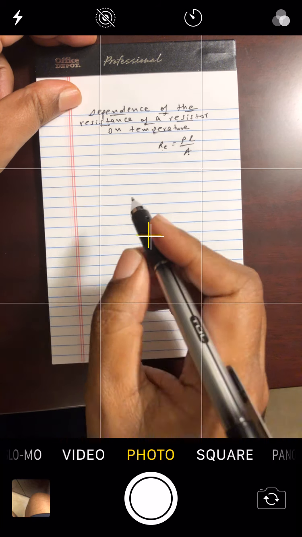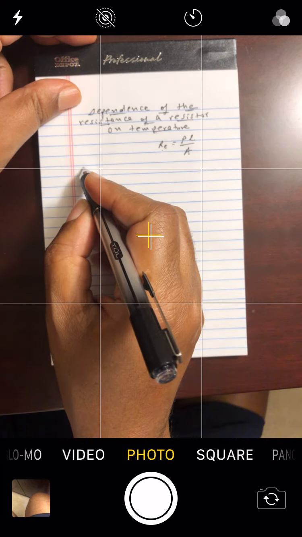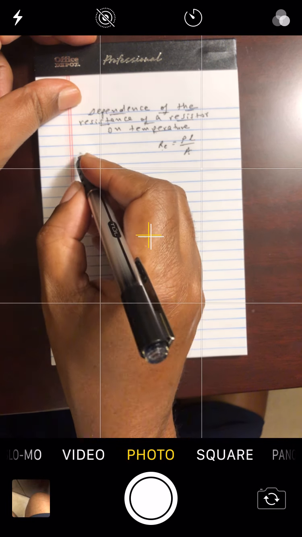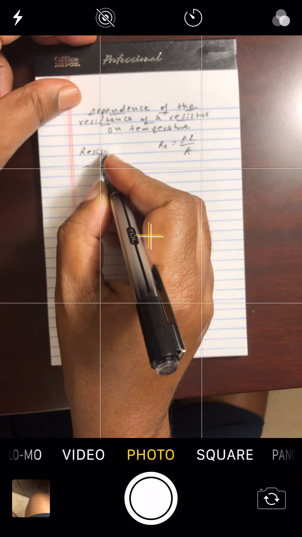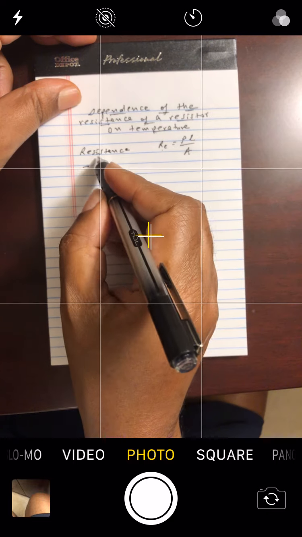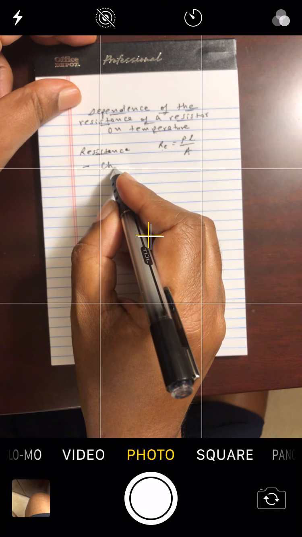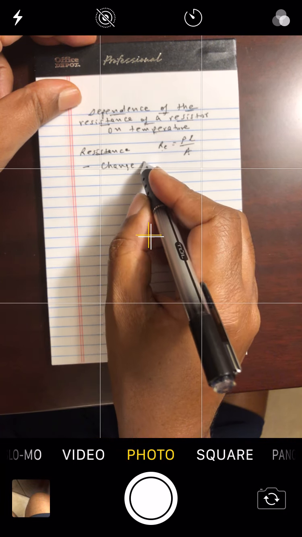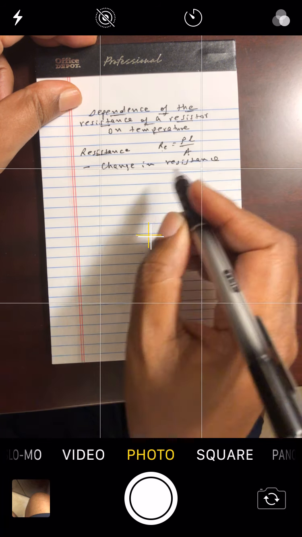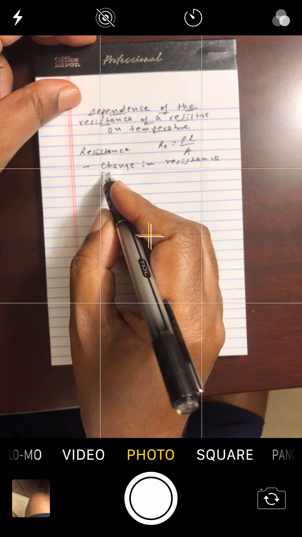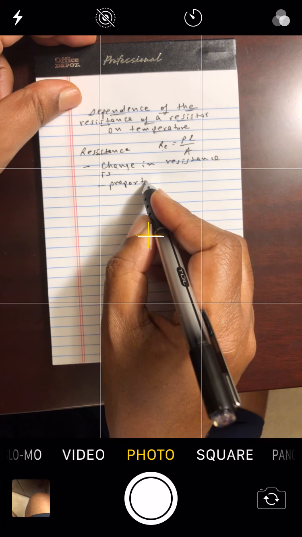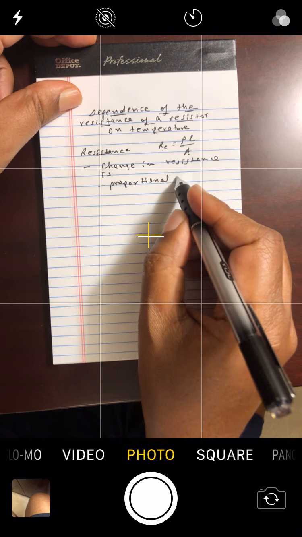Okay, so we have the following relationships. The change in resistance is proportional to the change in temperature.